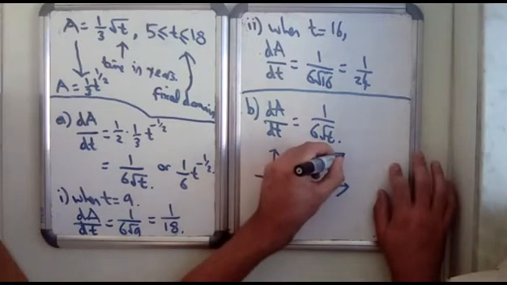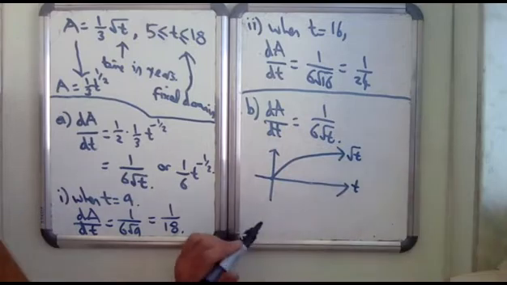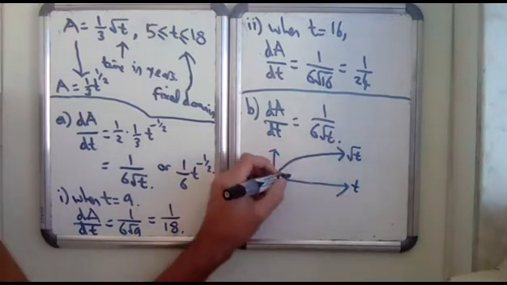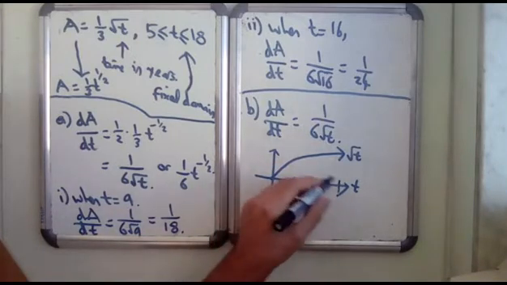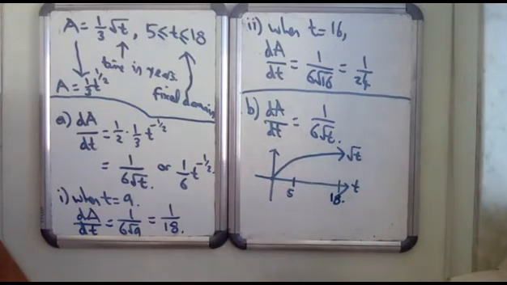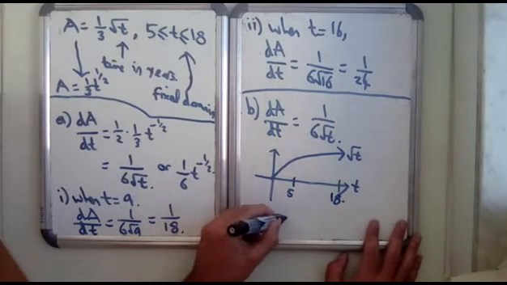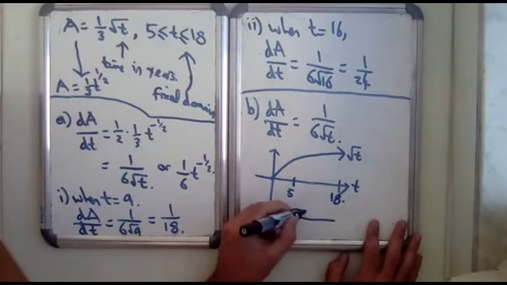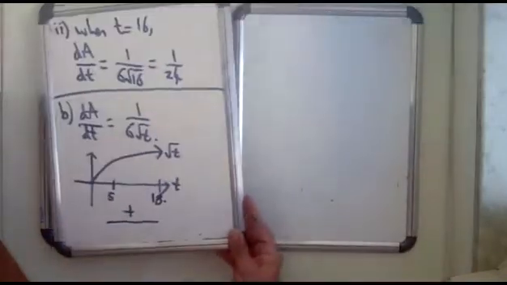You don't include the negative values or it wouldn't be a function. So this is root t, this is t. But remember, we're only interested in 5 to 18, so 5 is probably somewhere around here, and 18 is over there, though not a great scale. We're only really interested in the sign anyway, so in that region, for 5 to 18, it's positive the whole way. So root t is always positive.